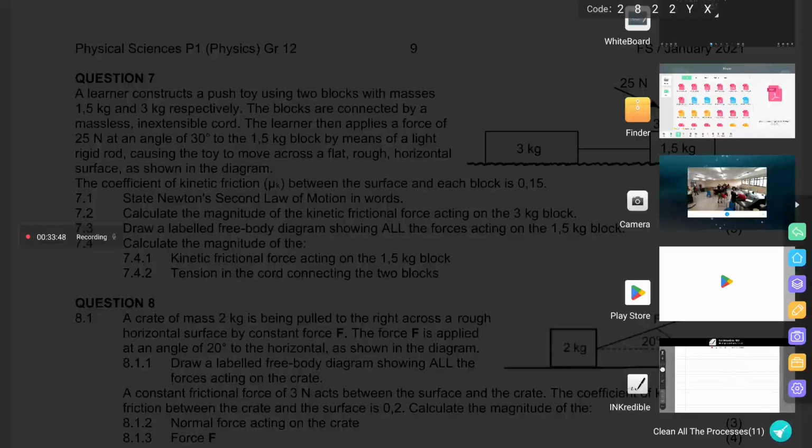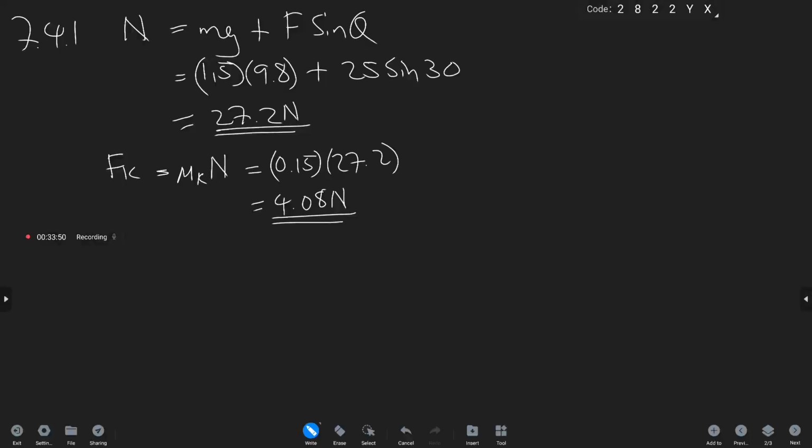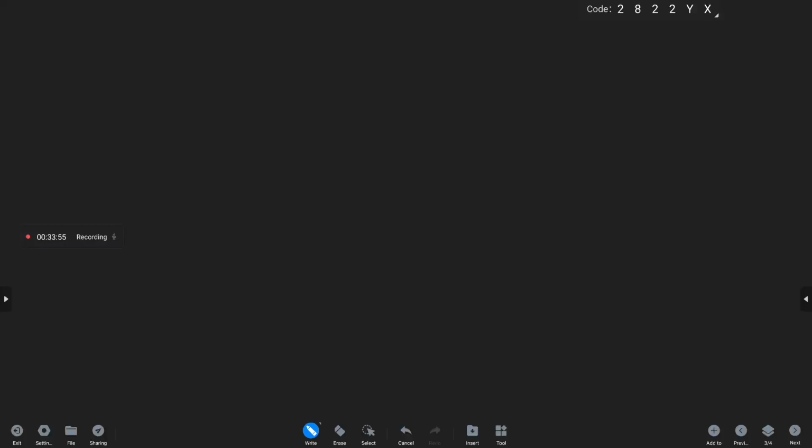So again, we go back to the working space and see if we can solve 7.4.2. Let me first write the number 7.4.2. We're going to start off with the 3 kg block, because there is tension on the 3 kg block.